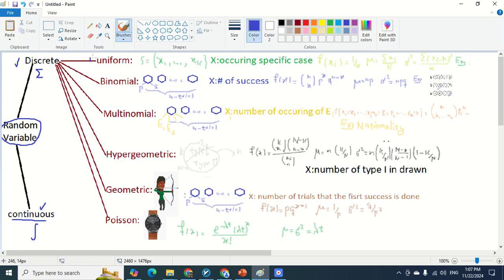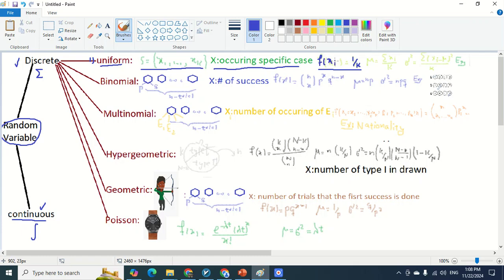The first type of distribution that we talked about was the uniform case. There we have a sample space that contains some elements x1 up to xk, and the random variable is occurring in a specific case. As you remember, the probability distribution function for that one was equal to 1 over k. So f of xi in that case is equal to 1 over k.